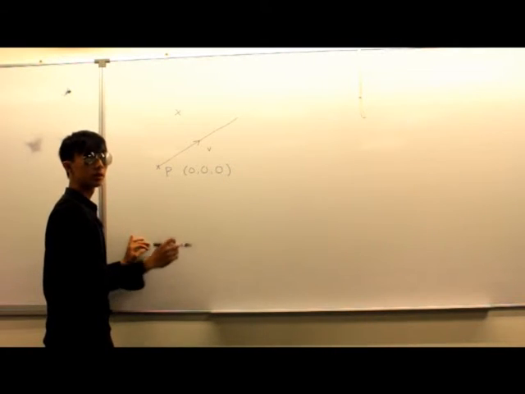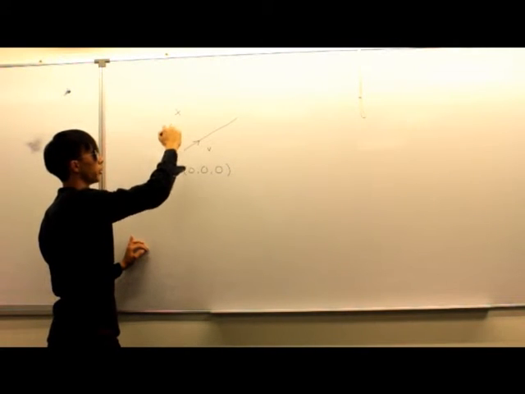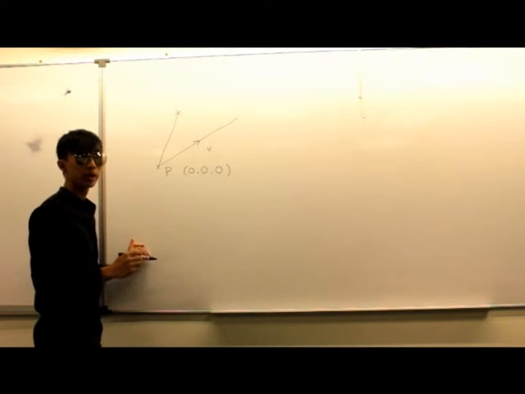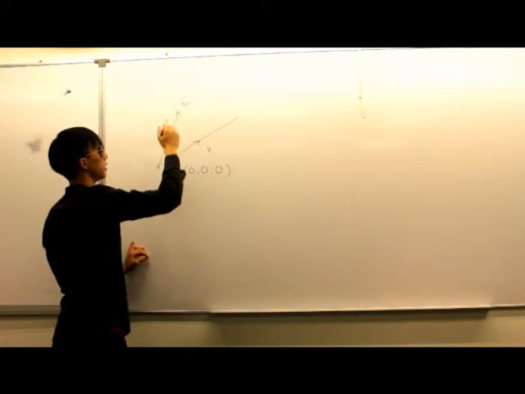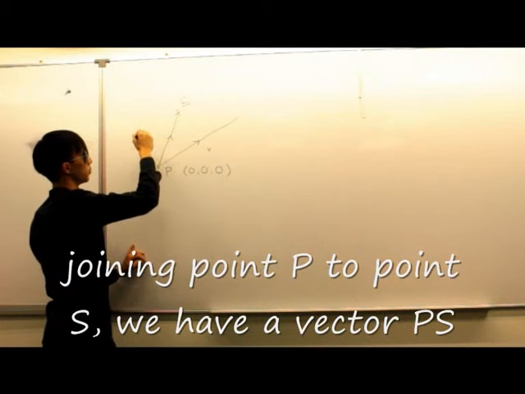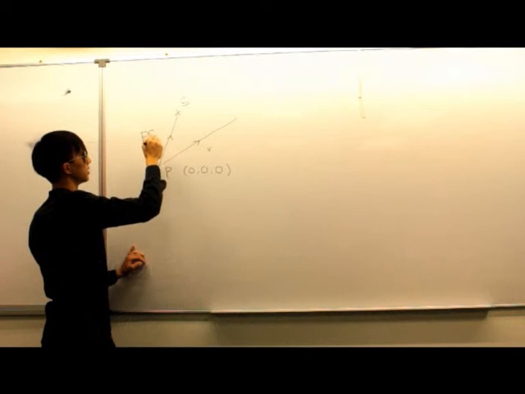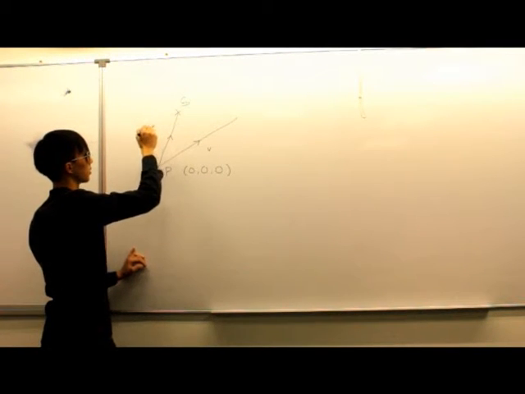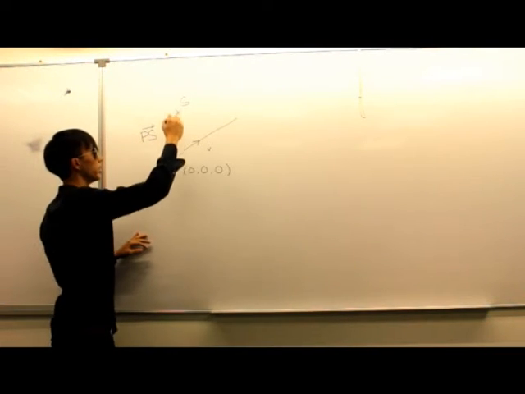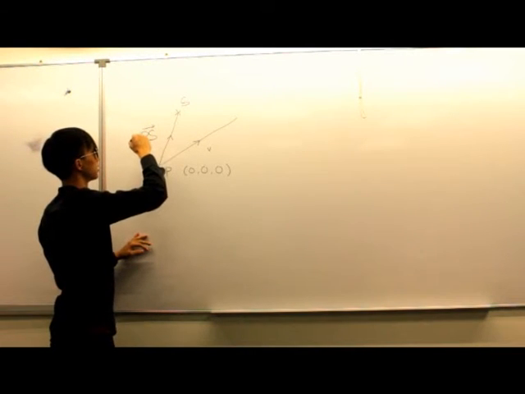We can form a vector from P to the point which we can name point S, and this would give us PS. To find the distance from the point to the line, we have to find this section.